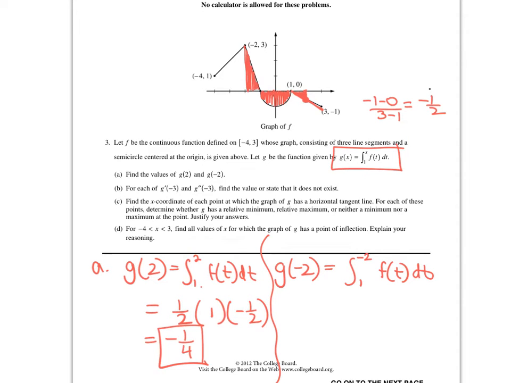Not including that first triangle we just did. And it won't let me erase it. So let me go over that with blue. So this is going to be the blue shaded region. Okay, so you can see you have a triangle and a semicircle. Notice that your integral does go from largest to smallest, so right away we can flip that.